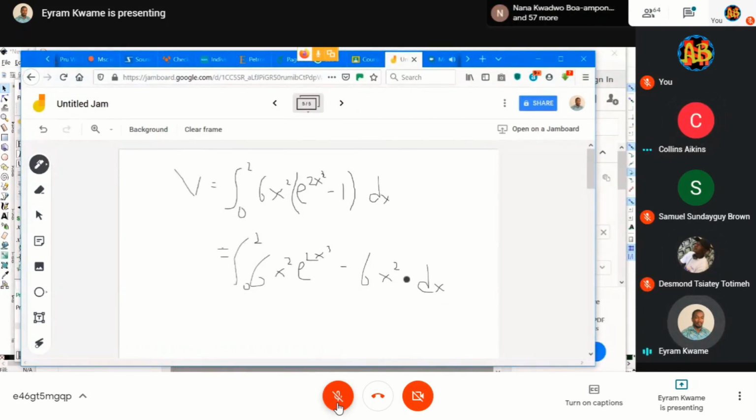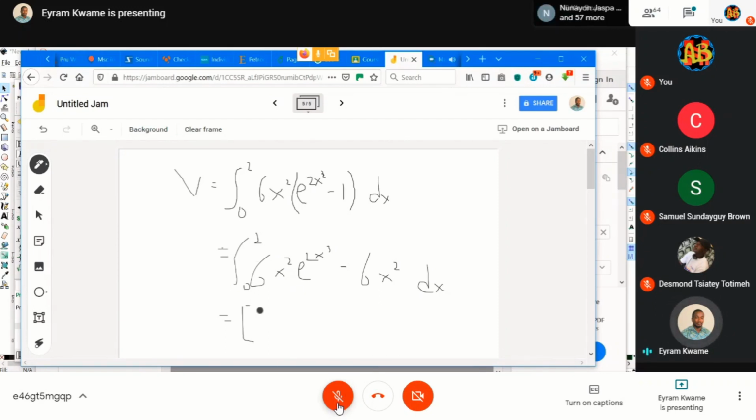Okay, so now we can integrate this. You can integrate this using the substitution method, without using integration by parts. So you use a u sub. You let u equal to all this at the top. When you differentiate, you have 4x squared. The x squared will cancel out.